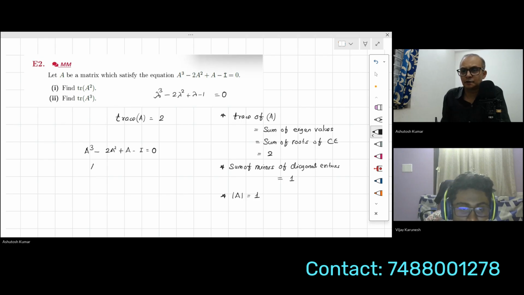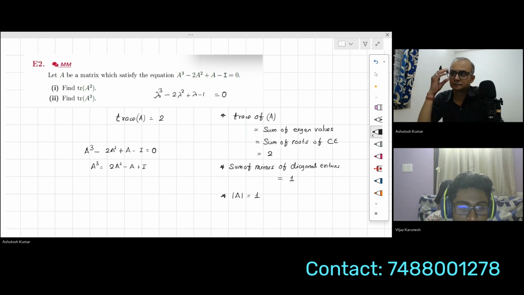So A cube is what? 2A squared minus A plus I, sir. And for the trace of A cube, we can take twice the trace of A squared minus the trace of A plus 3. But still for that we need the trace of A squared. Achha, if I tell you the trace of the inverse of the matrix, what is it?